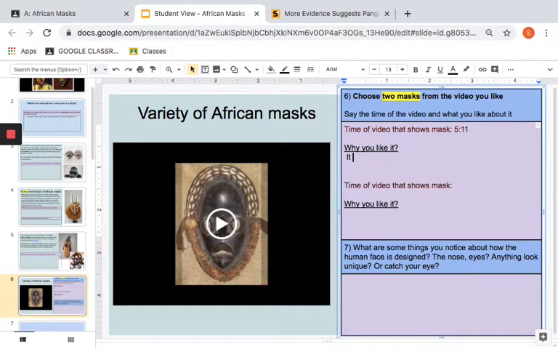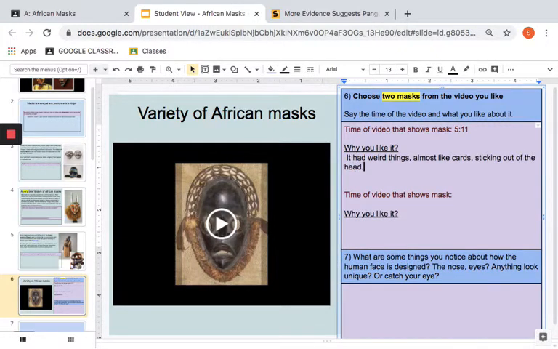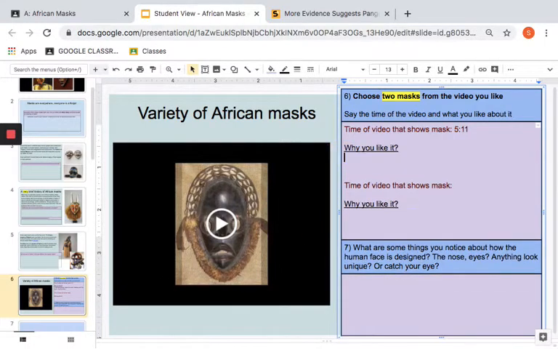It had weird things, almost like cards sticking out of the head. Or maybe I liked the colors. I don't care what your reason is. I want you to tell me about 2 masks and then tell me why you liked them. All right? That's all I want you to do here.